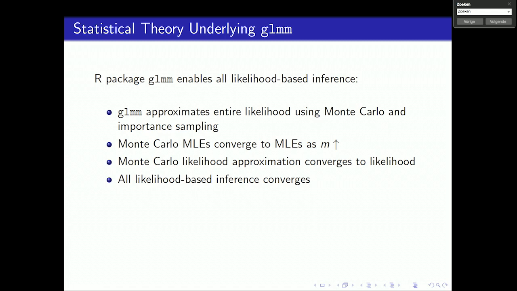The basic idea is that my package approximates the entire likelihood function using Monte Carlo and importance sampling. If you don't know what importance sampling is, don't worry about that. A good thing about it is that the estimates that it produces converge to the MLEs as you increase your computing time. And other things also converge, so the likelihood approximation converges and all the inference also converges.